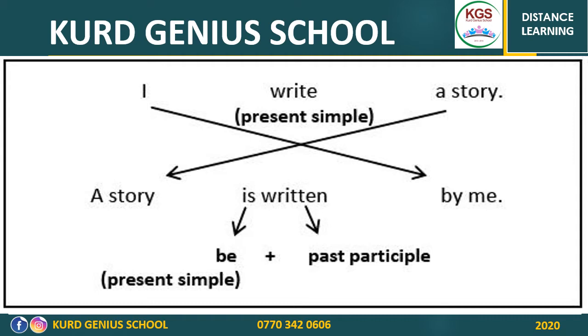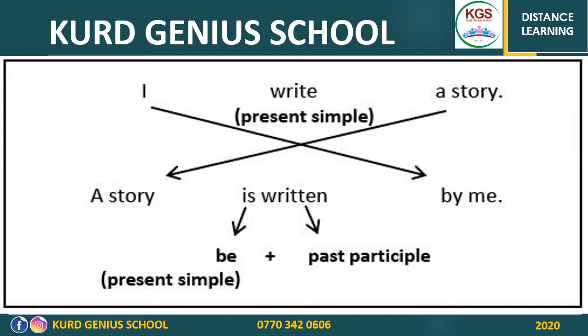That's the passive sentence. Also, you can add what you call the agent. I will explain this in detail later. You can also add by me. So look at the difference between these two sentences. The first one is an active sentence. Why? Because we have the subject, and the subject is the doer of the action of the verb.